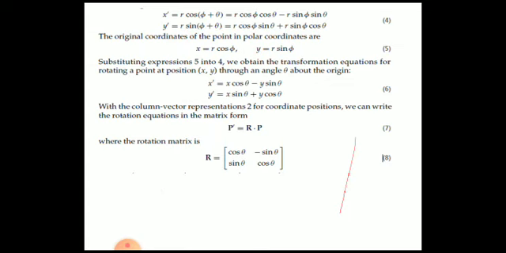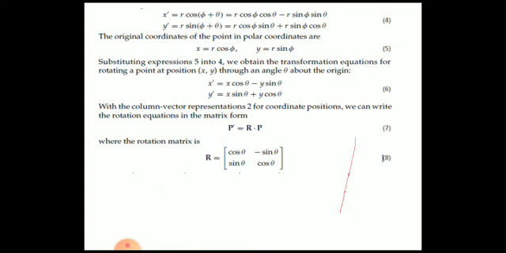The original coordinates of the point in polar coordinates follow the same formula. Now take the original point, which is defined with x comma y, and calculate cos of phi in this case, which would be adjacent by hypotenuse. Adjacent is x in this case, hypotenuse is r. So x is equal to r into cos phi. Similarly, y is equal to r into sin phi.